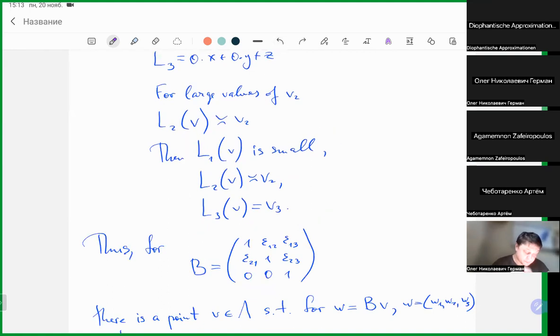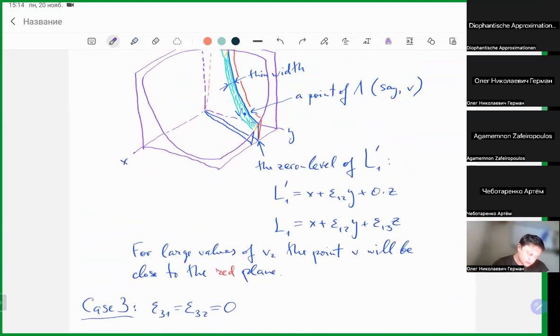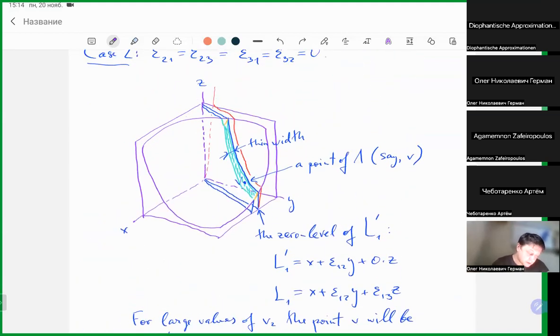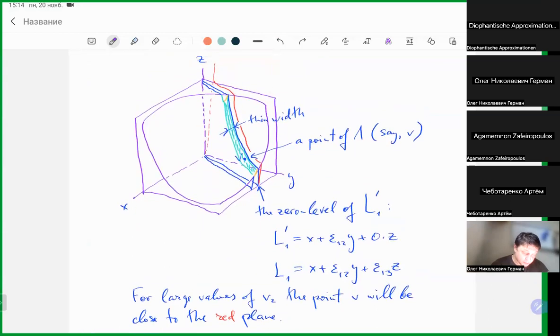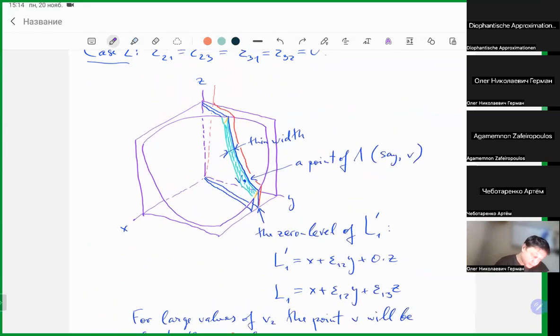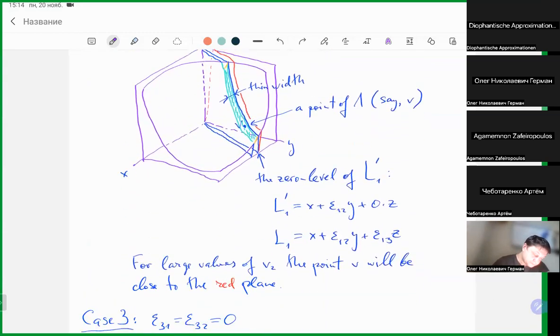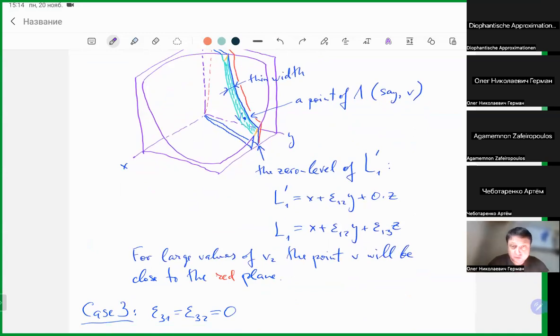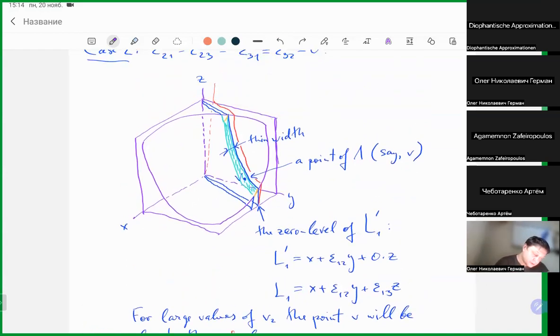So the value of the first form, given by these entries, and its zero level is drawn here in red. So the value of the first form will be very small. We'll find a point V over here such that it will be much closer to the red plane than to the violet coordinate plane. This one.